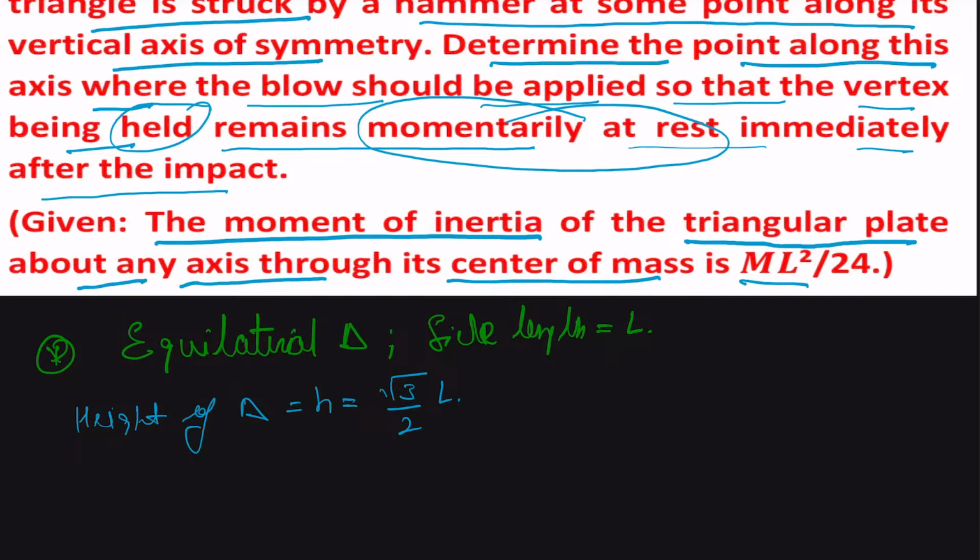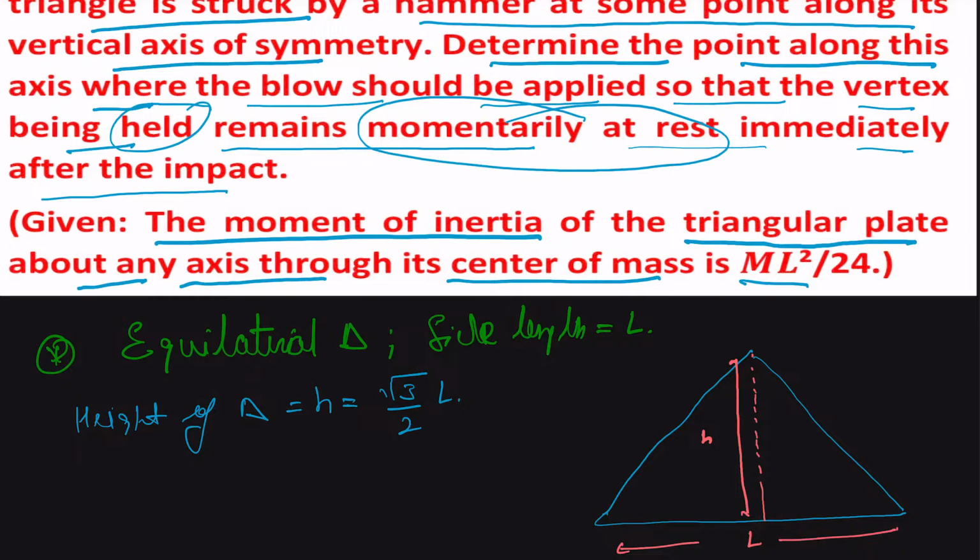And we know that the center of mass of the triangle, that is also our standard formula, will be located at 2/3 of the height h. So we can just draw the approximate figure. This is an equilateral triangle, and this is the height of the triangle, which is our h, and L is the length of the side.